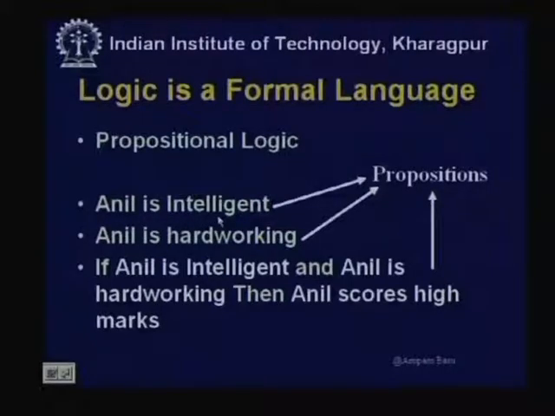Anil is intelligent is a proposition, Anil is hardworking is itself a proposition, and Anil scores high marks. So, all these are also individually propositions, but when I am connecting all these together, I am making another proposition. We will see later that this one is called a compound proposition.